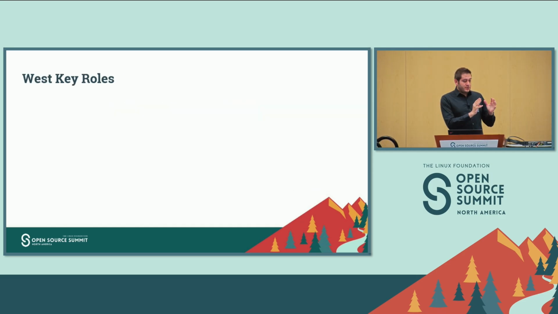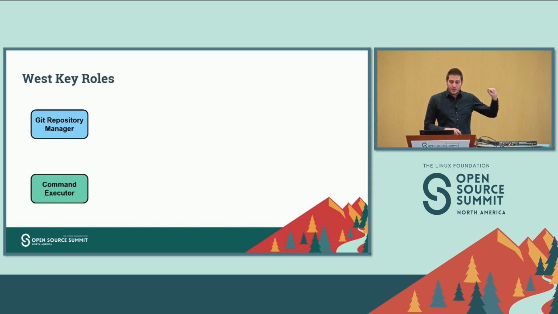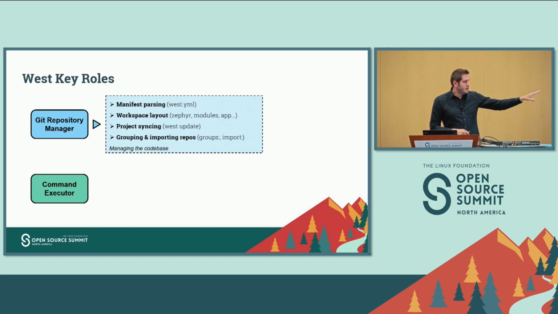So what are the key roles here in Zephyr? The first one is the Git repository manager, and the second is the command executor. Regarding the first part, this is where we manage the code base. At this level we have manifest parsing, based on a file called west.yml. Then we have a special layout for the workspace.